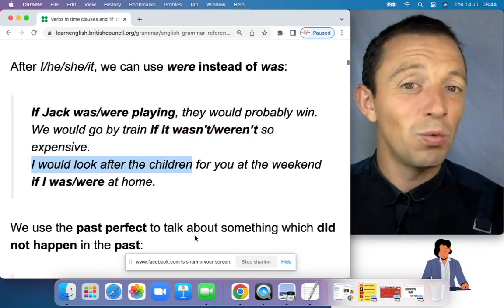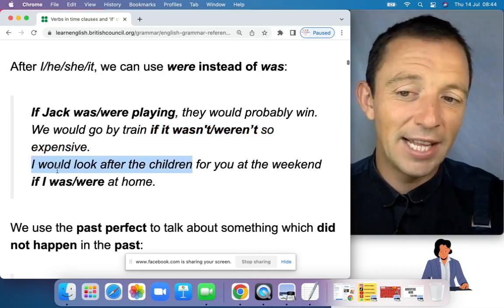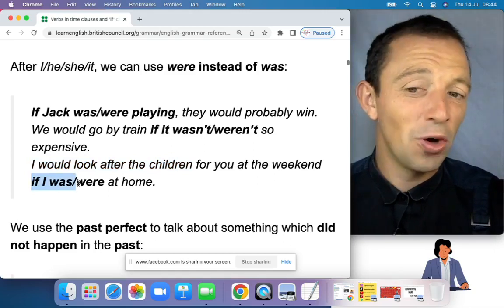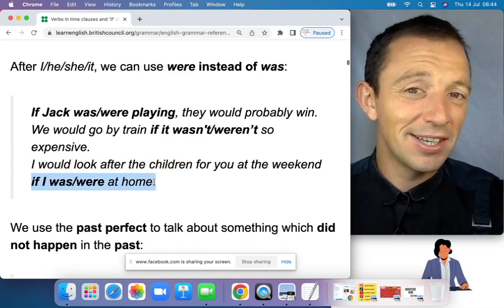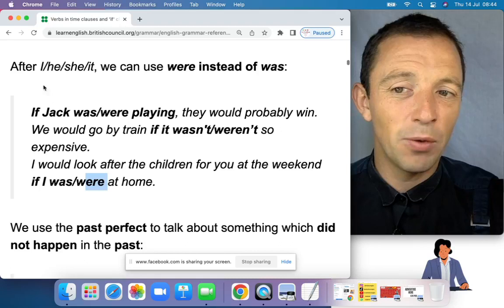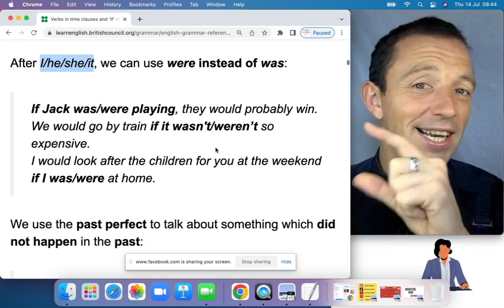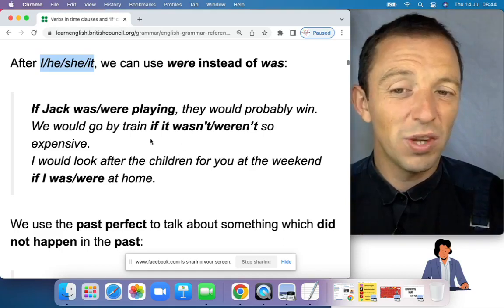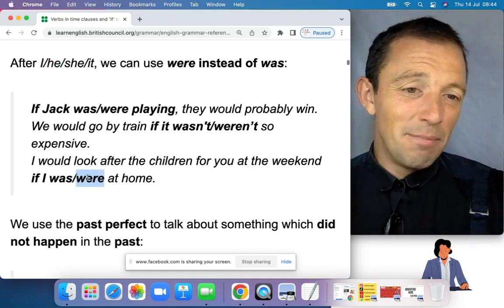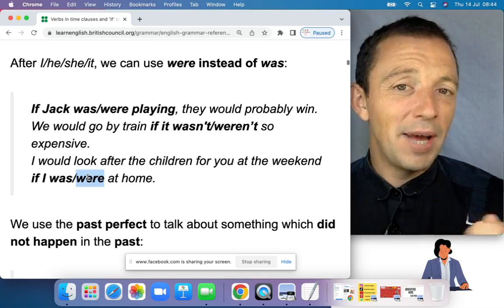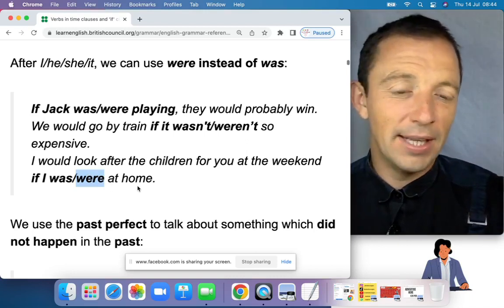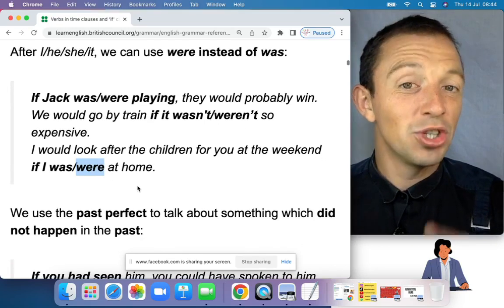In theory, I would look after the children for you at the weekend if I was at home, the past simple, but because it's the conditional as well, we can say if I were. I, he, she, it. So that's an interesting lesson for sure. What's the difference? Maybe it's a touch more formal, but it's possible and it is common, and the two are possible.